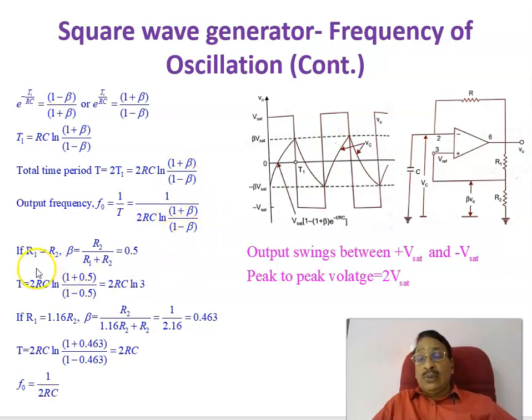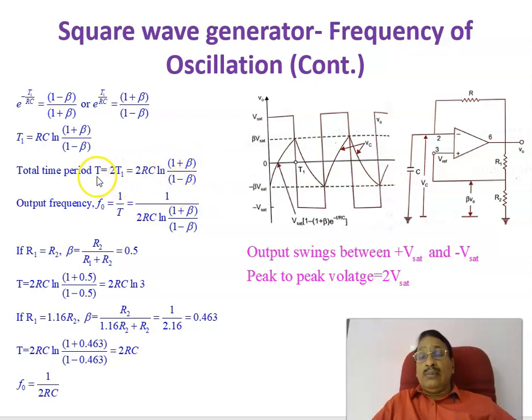Now, if R1 is equal to R2, beta becomes 0.5. Substituting beta equal to 0.5, 1 plus 0.5 divided by 1 minus 0.5 is 1.5 divided by 0.5, which is natural logarithm of 3.